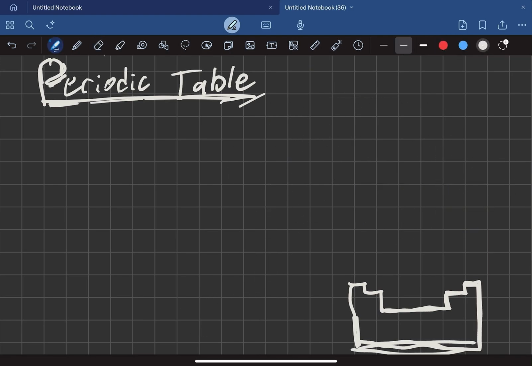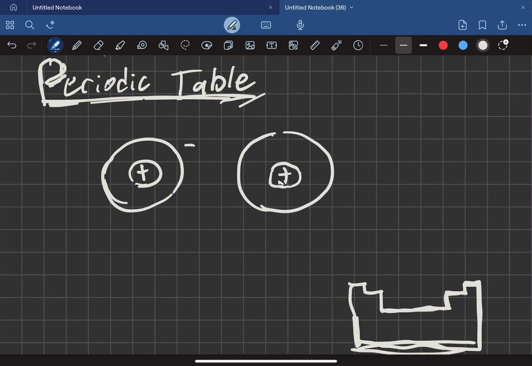There are two main ways that they're going to accomplish having their valence shells full. The first way is kind of the more common. So take two hydrogen atoms. You'll have a positive charge here and then an electron floating around it. And then you'll have a positive charge here and it'll have an electron floating around it.